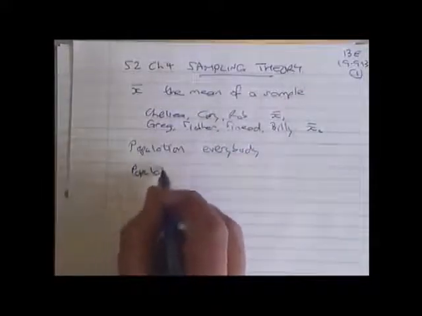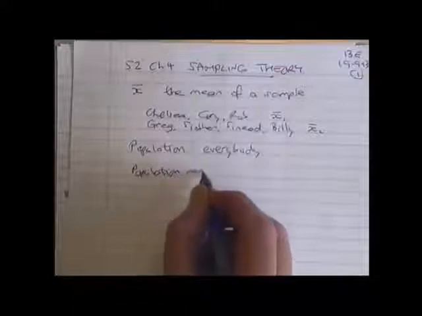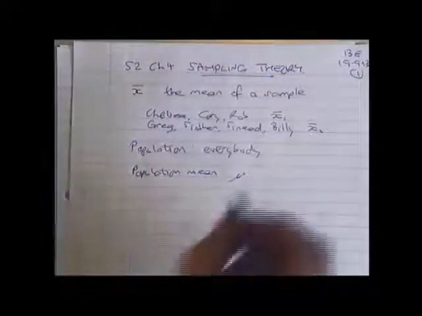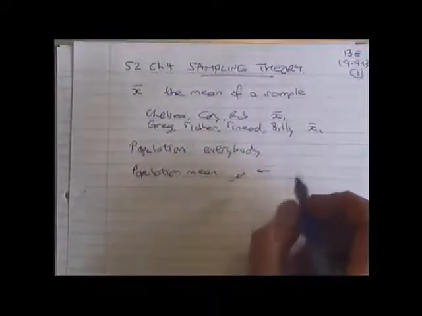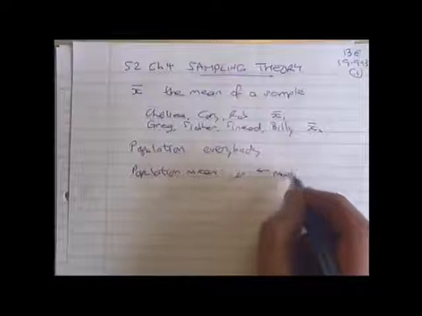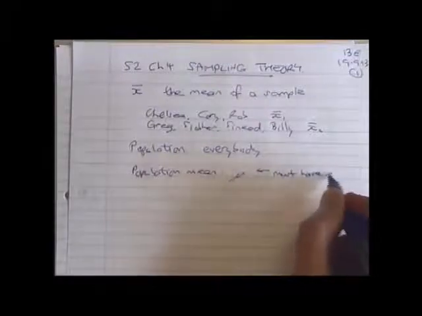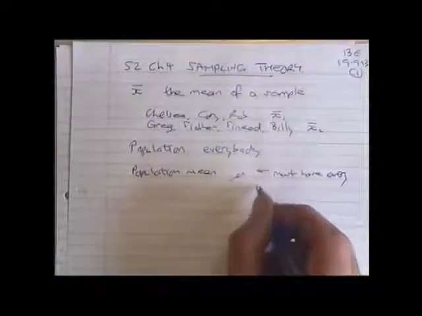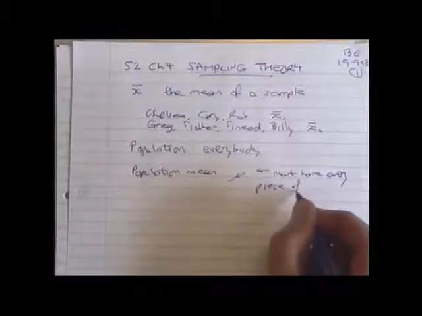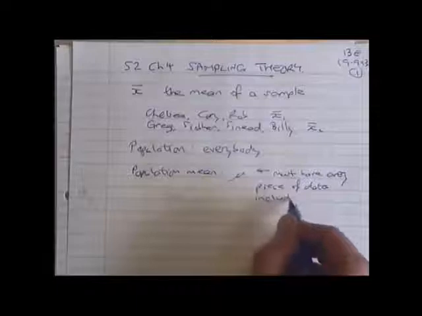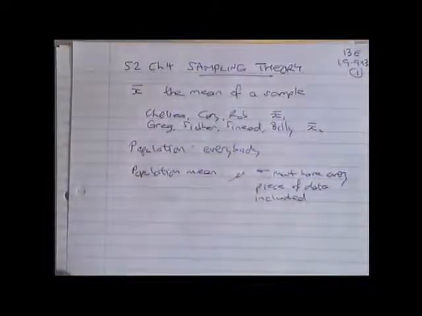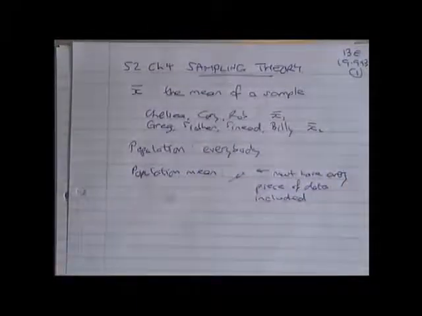The population mean, which we denote by mu, has to involve every piece of data being measured. So we must have every piece of data included. We wouldn't often do that. So that's why we usually use sample means instead.